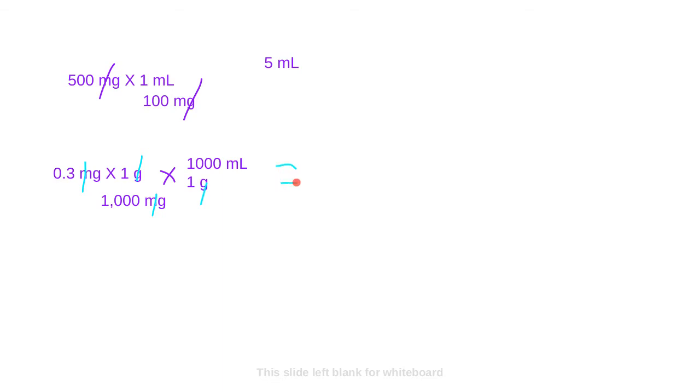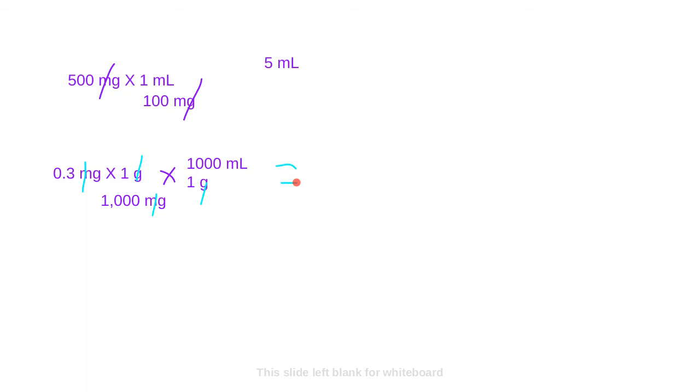So what I'm going to do is 0.3 times 1 over 1,000. And you can multiply that however you feel comfortable, which is 0.001 times 0.3.